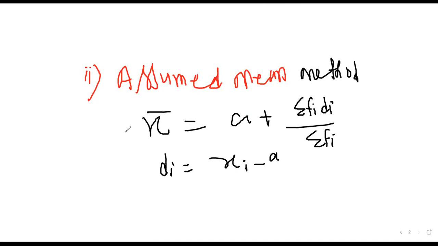The formula is x bar is equal to a plus sigma of fi di divided by sigma of fi. What is di here? Di means difference, which we calculate as xi minus a. From the class mark we subtract the assumed mean.